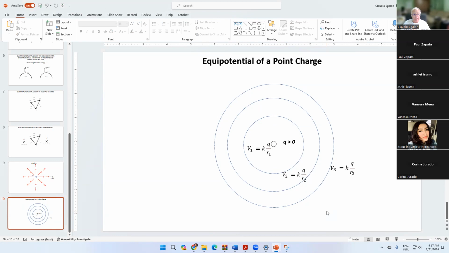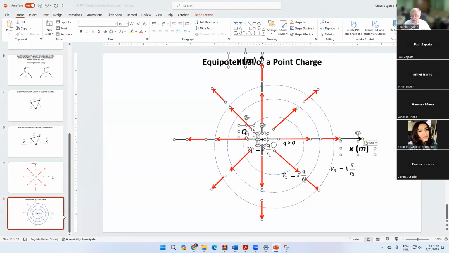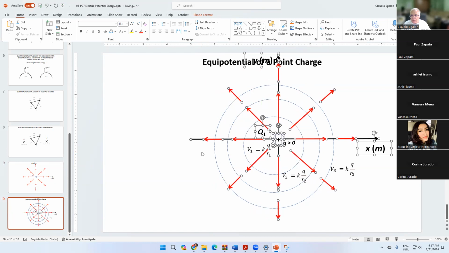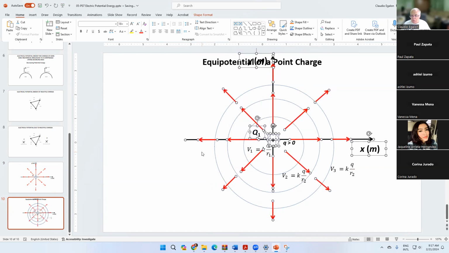Okay, and the equipotentials have this important characteristic: the electric fields are perpendicular to those equipotentials.